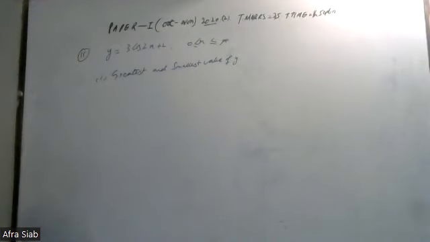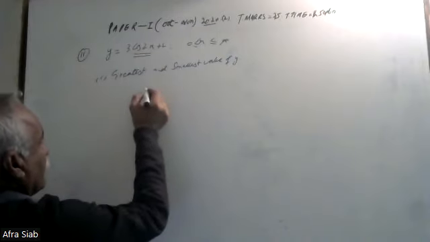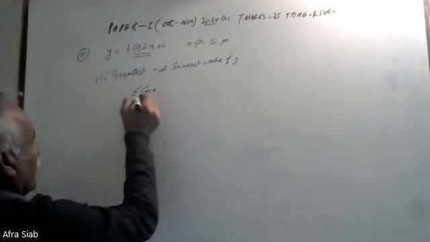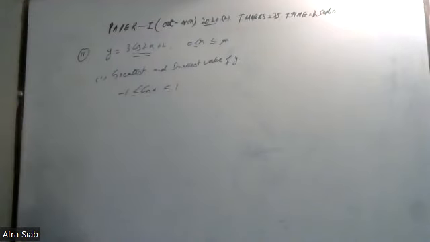State: y is equal to 3 cos 2x plus 2, where x lies between 0 and pi. Find the greatest and the smallest value of y. We know the main function here is cos of x, and the range of cos x is from −1 to 1.